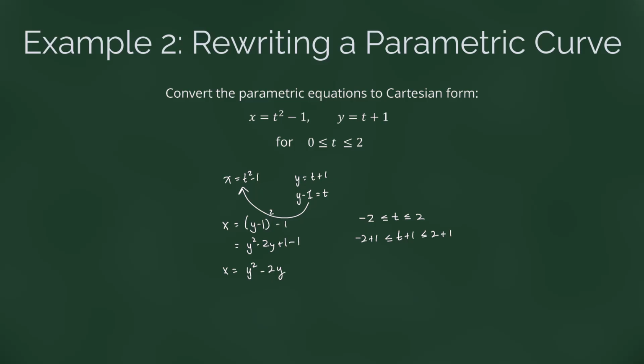But t plus 1 is exactly equal to y. So we can see then that we now have that -1 is less than or equal to y is less than or equal to 3. And so if we restrict our graph to the values of y between -1 and 3, we will get the same curve.